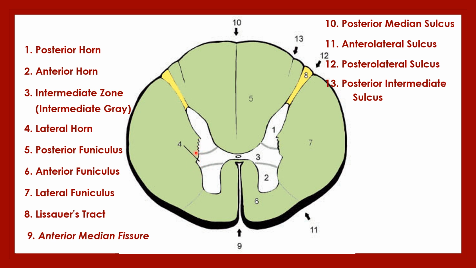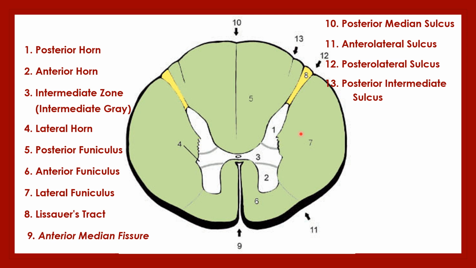So anterior horn, posterior horn, and lateral horn are in the gray matter, and this is the anterior funiculus, this is the posterior funiculus, and this is the lateral funiculus, which are in the white matter.